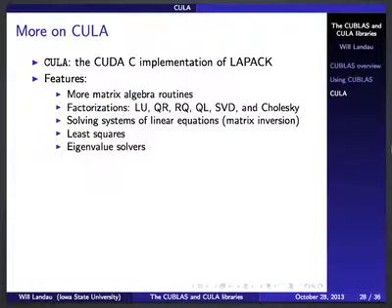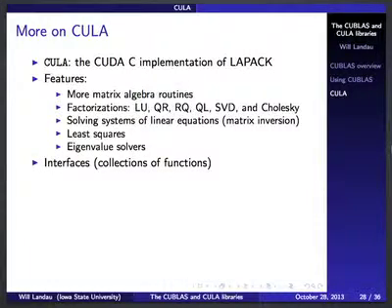CULA solves systems of linear equations for general matrices, while CUBLAS only does triangular matrices for that. It has a least squares solver, and it has a bunch of eigenvalue solvers as well. CUBLAS does not have any of these last four. The matrix algebra routines, some of them are a bit different though.